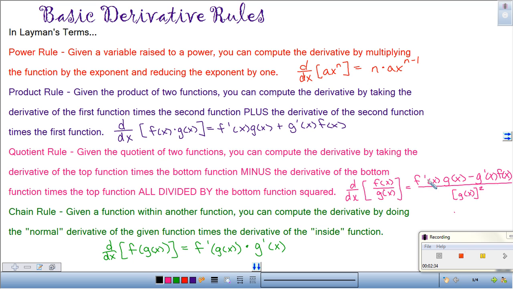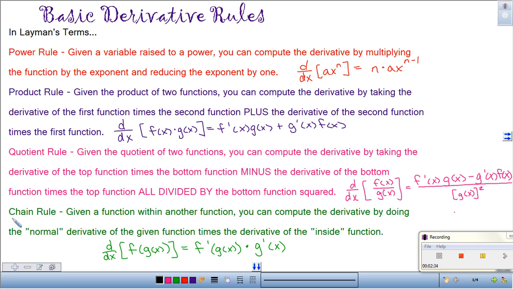So it's going to look like this, derivative of the top times the bottom, minus derivative of the bottom times the top, all divided by the bottom function squared.